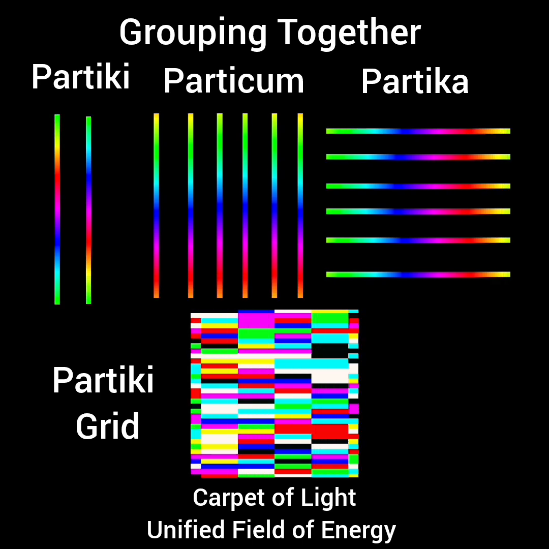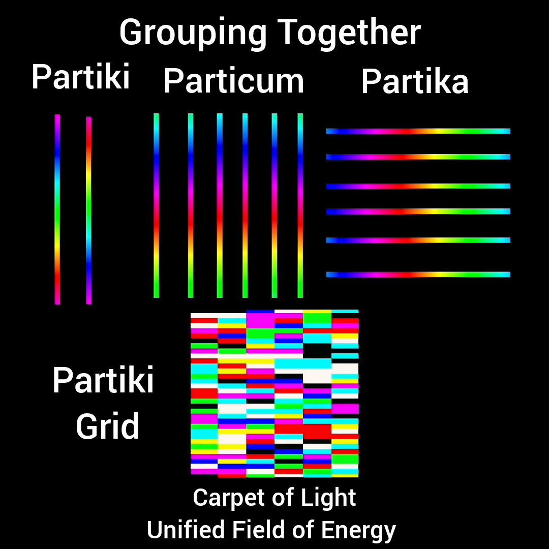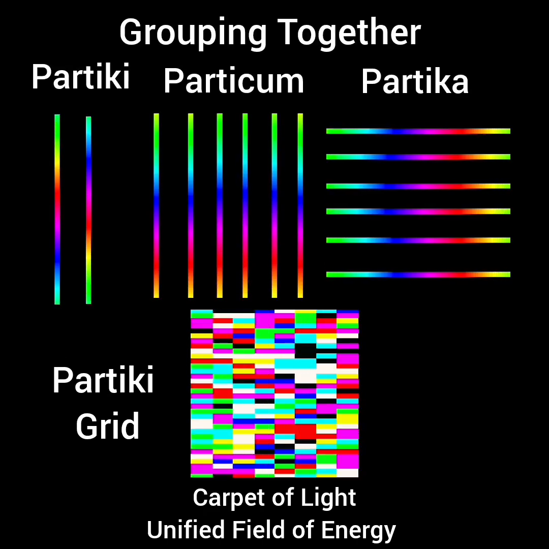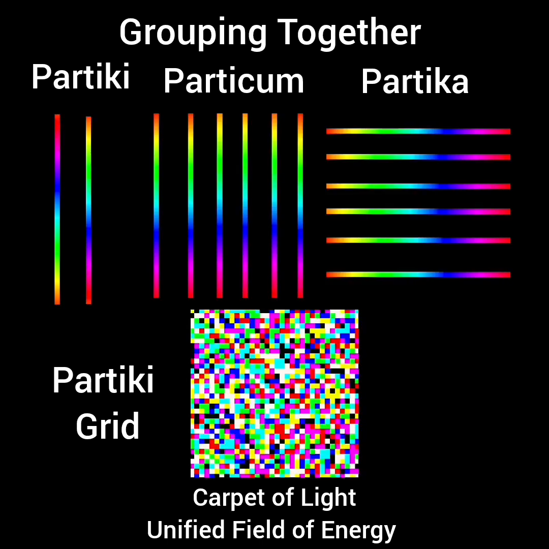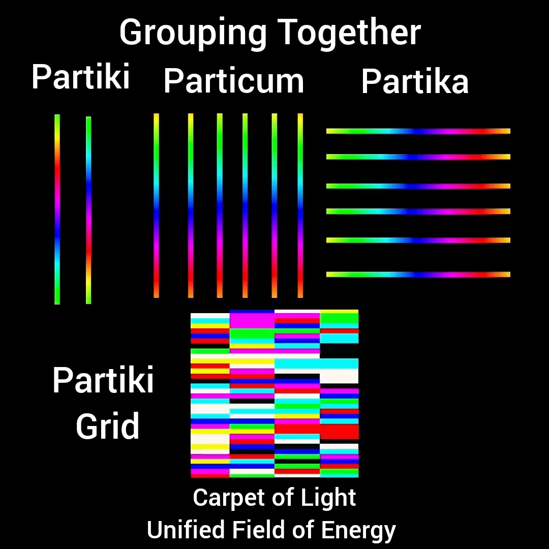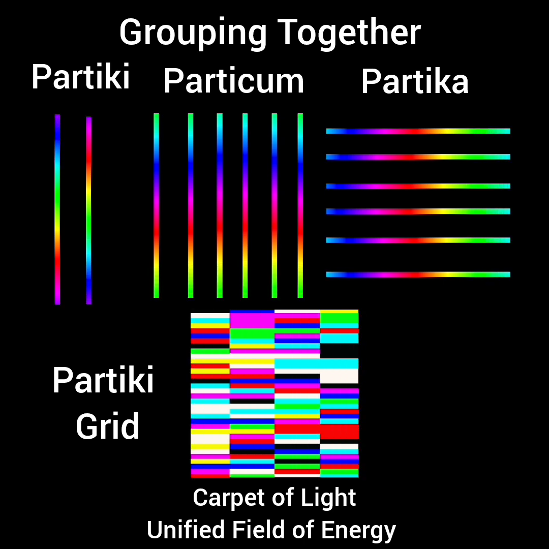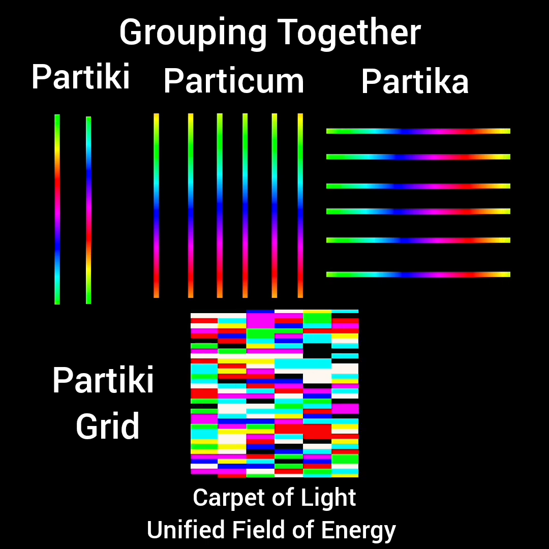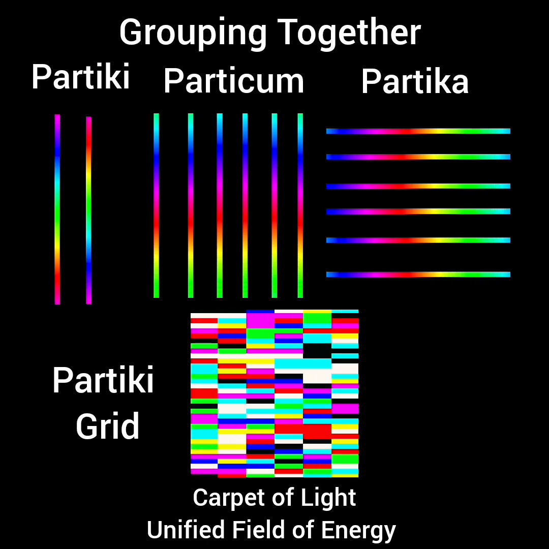You can see these strands, this carpet of light, the unified field of light, which is made up of little fibers of light, which are actually the horizontal and vertical lines. The horizontal strands are called the partiki, and the vertical lines are called the particum, and then they group together to form a carpet of light.